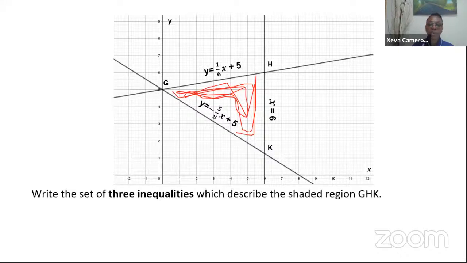We're looking for 3 inequalities that will satisfy that shaded region that was just annotated in red. Y is greater than or equal to negative 5/8 x plus 5. That's a second one. Do we agree with what is being posted here in the chat? Do you have another way in which you would want to write it?